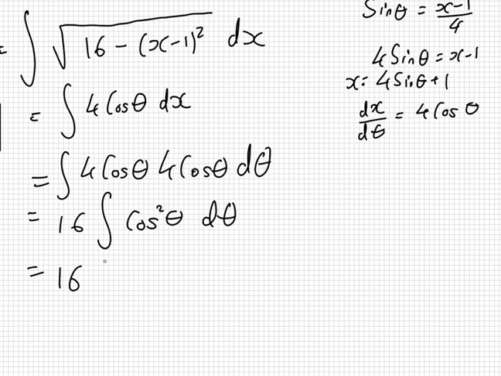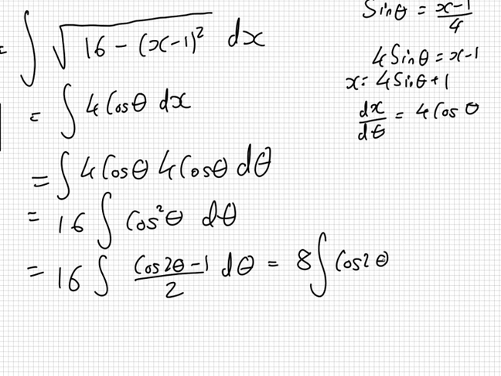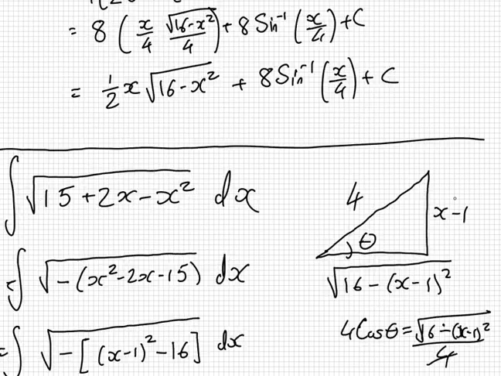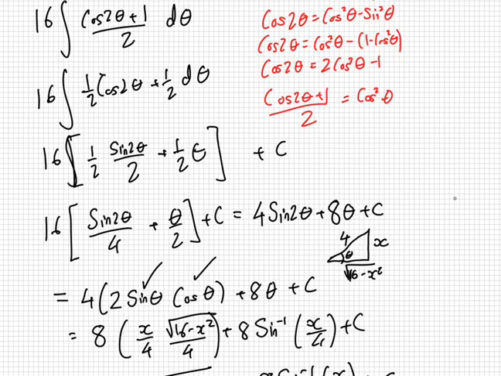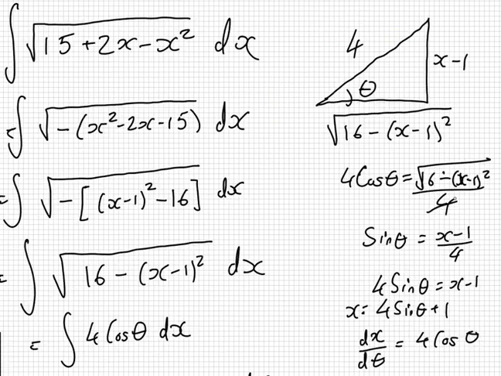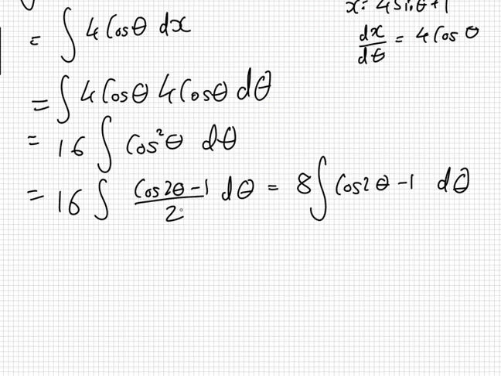Using the rule I showed you earlier, this is cos 2 theta minus 1 over 2 d theta, which is 8 cos 2 theta minus 1 d theta. That's the rule I gave you earlier, isn't it? Let me just quickly check. Yeah, oh no, plus 1. Should be plus 1.